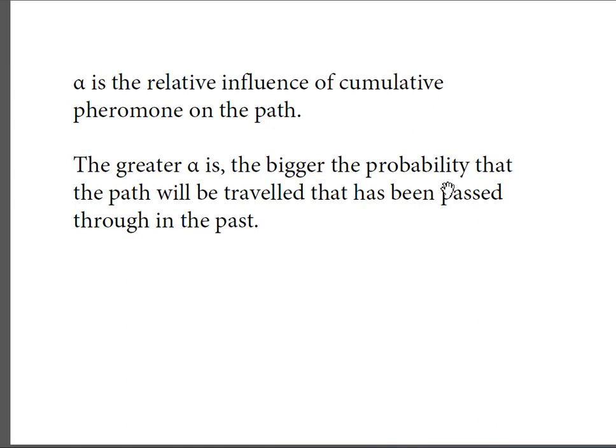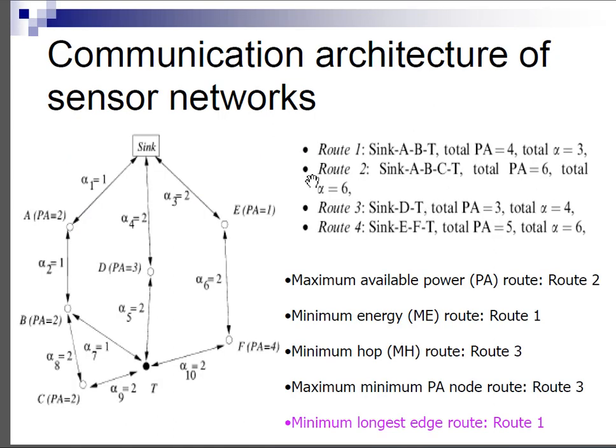So if it is 6, the probability is much higher than with 4 that this path will be used again. So route number 2, which is A, B, C, T, has alpha equal to 6. E, F, T is also 6, for example.